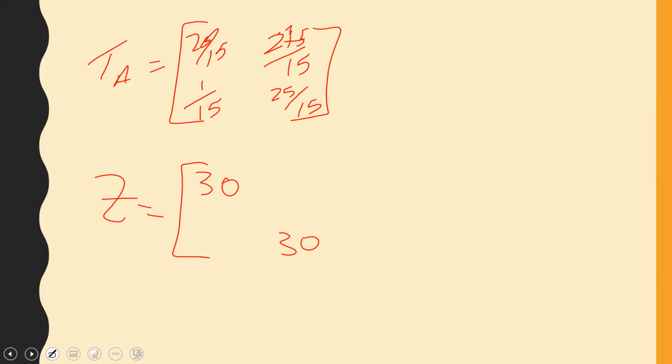Z21 is V2 over I1. So what would that be equal to? If I2 is 0, where would I1 be flowing? The 10 and 20. You guys are mumbling, I can't hear that. It splits between 10 and 20.